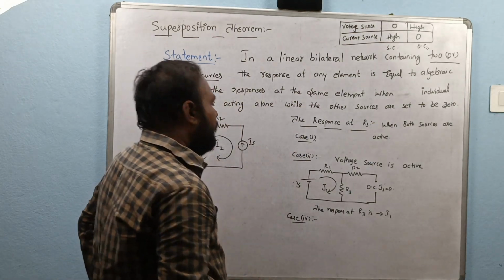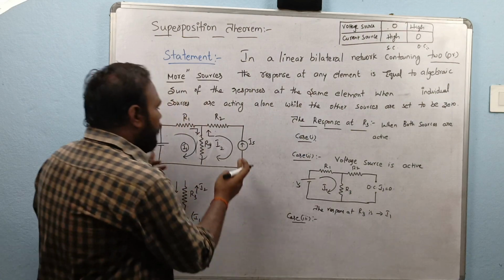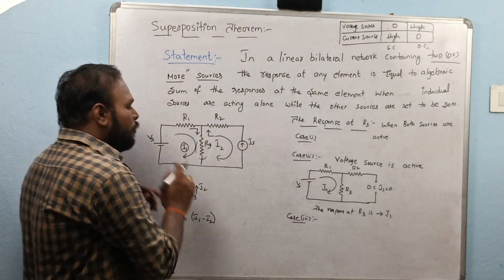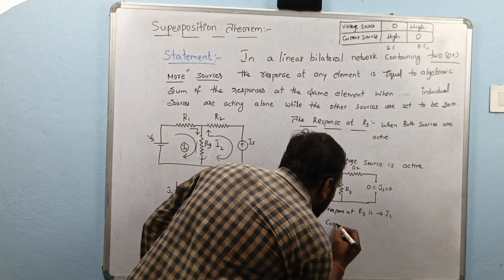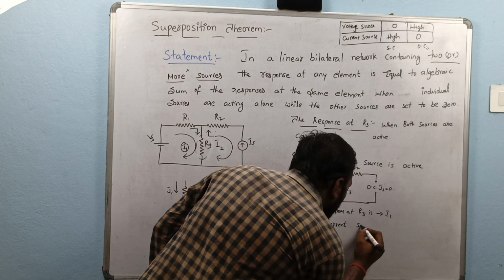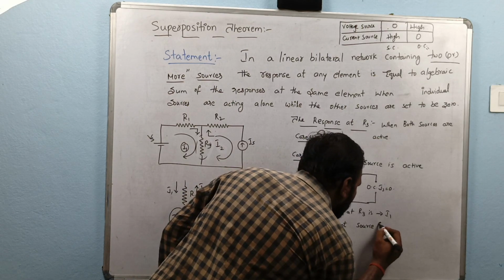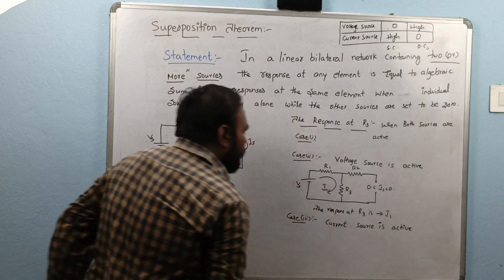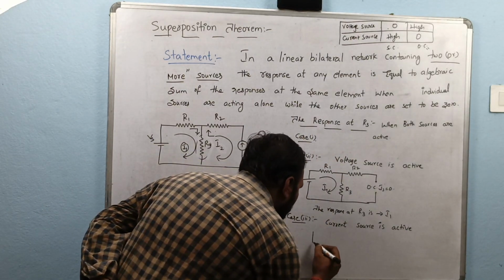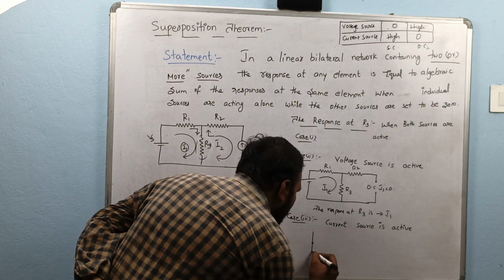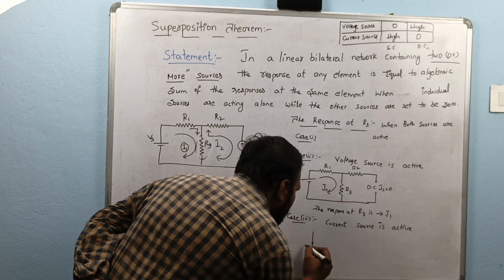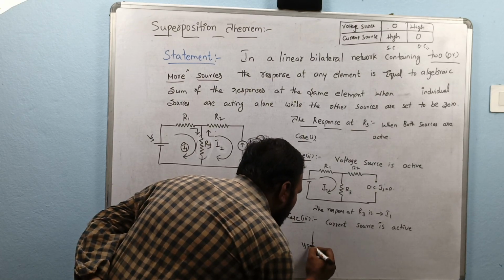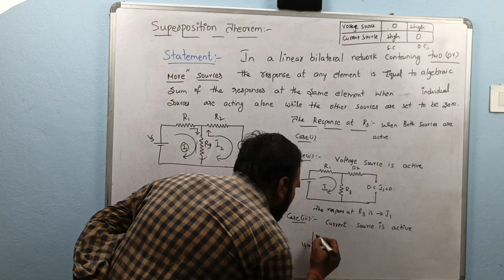Coming to case 3, current source is active. So here current source is active and voltage source is 0. Then the circuit will become, we have to make the voltage source Vs equal to 0, short circuit.